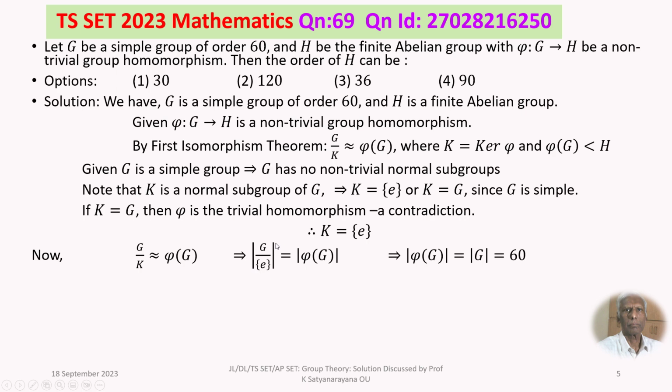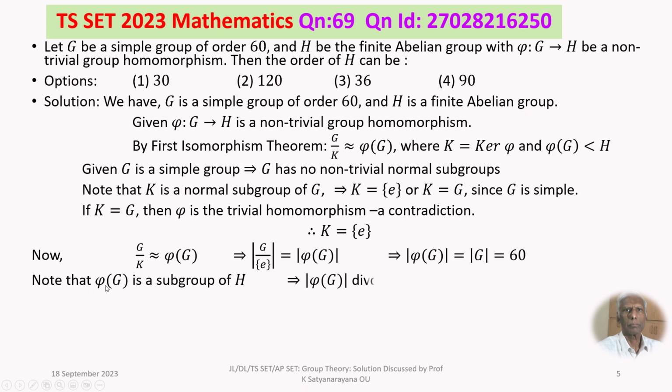So the order of G by the singleton set consisting of e alone will be order of G by order of e. But the order of e is 1. Therefore, the order of phi of G is equal to the order of G only. And the order of G is given to be 60. Therefore, the order of phi of G is 60.